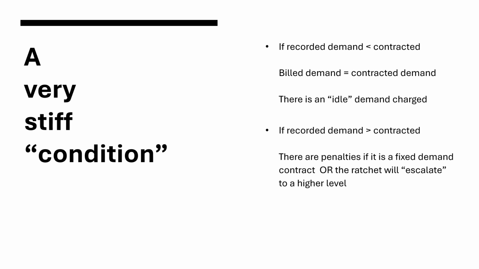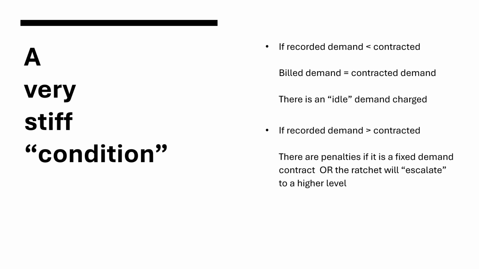And why is that? If the recorded demand is below the contracted demand, then the billed demand is the contracted demand. And from the end user's perspective, it is as if this company is paying for an idle demand.